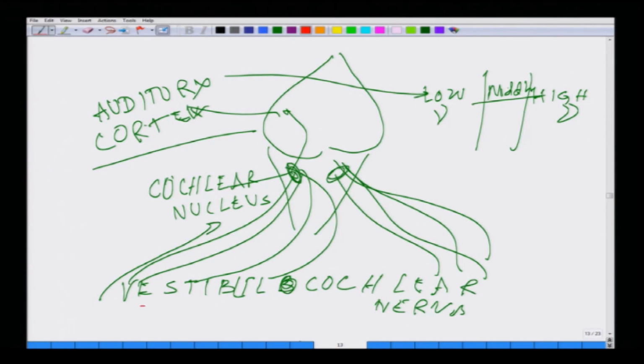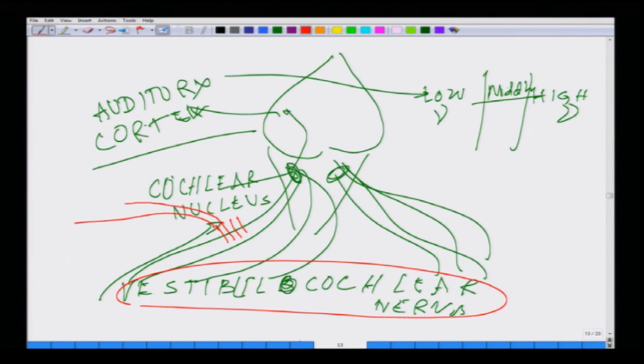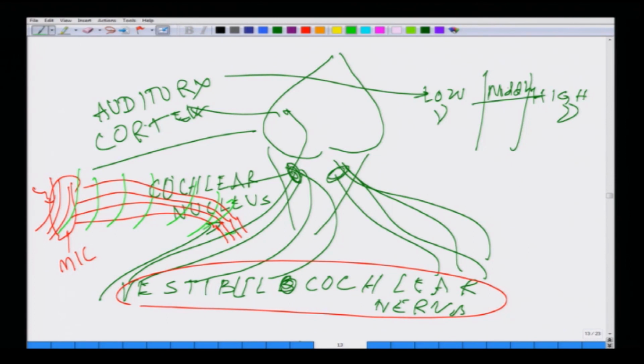You implant the electrodes like this, and this is connected to a mic. Whatever sound information comes in travels along, reaches the cochlear nucleus, and from the cochlear nucleus reaches the auditory cortex.